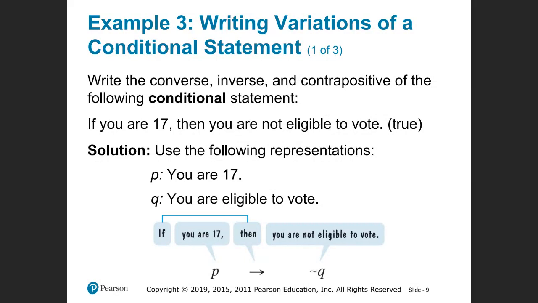So we want to write the converse, inverse, and contrapositive of this conditional statement. If you are 17, then you are not eligible to vote, which is true. So P would be you are 17, and Q would be you are eligible to vote. So in symbols, we would have if P, then not Q. If you are 17, then you're not eligible to vote.